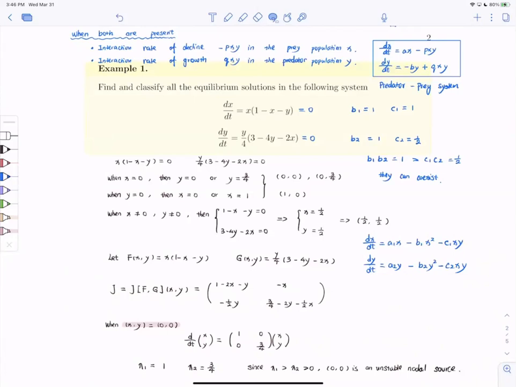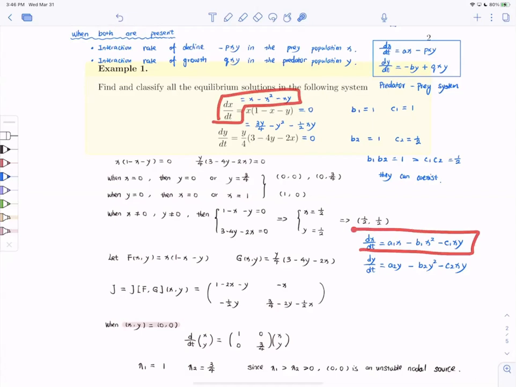If you write this as x minus x squared minus xy, and this as 3y/4 minus y squared minus 1/2 xy, then comparing, you'll see a1 equals 1, b1 is 1, and c1 is 1 as well.